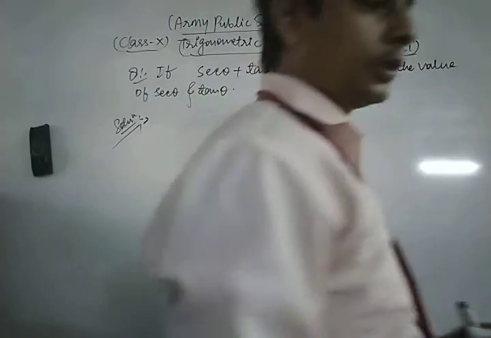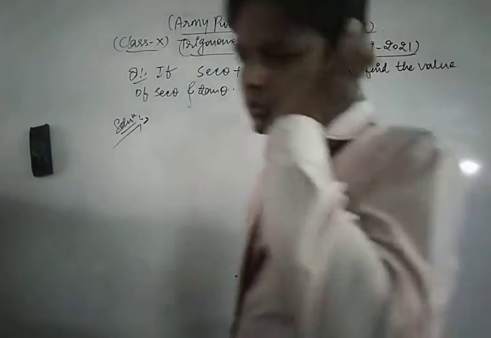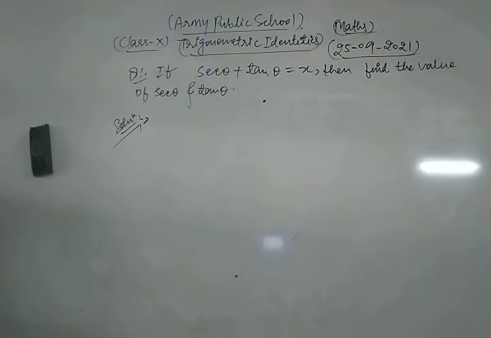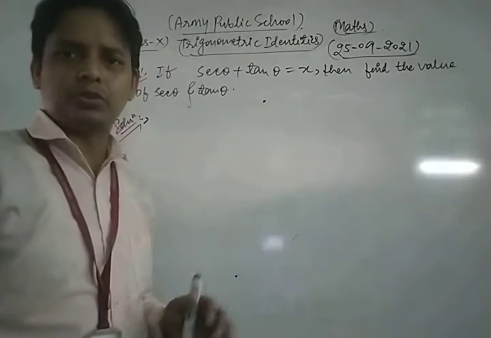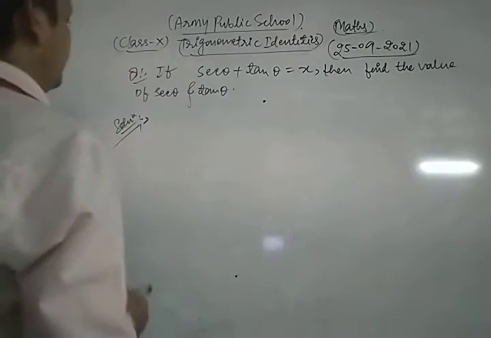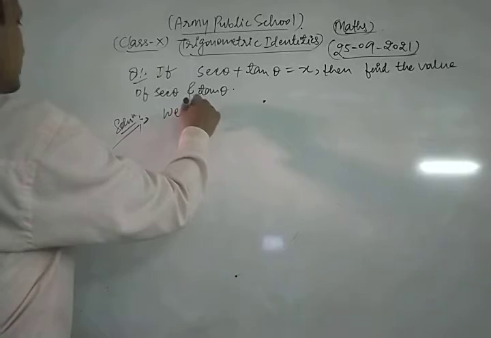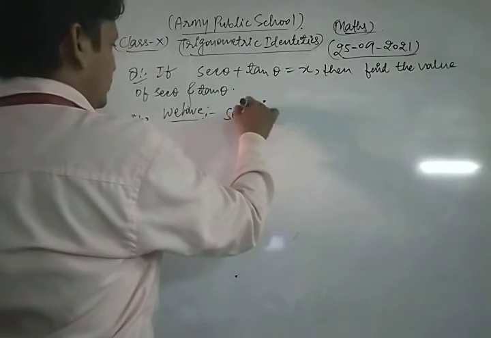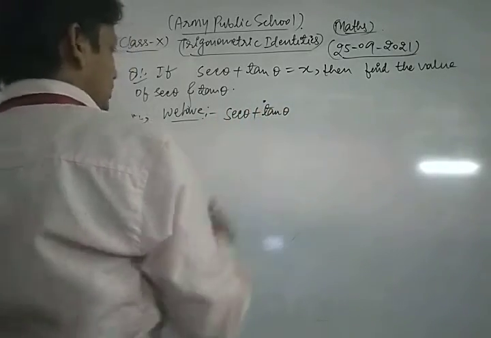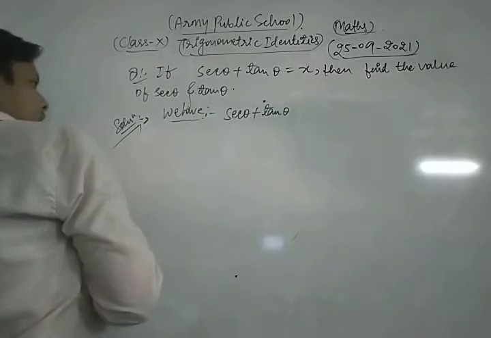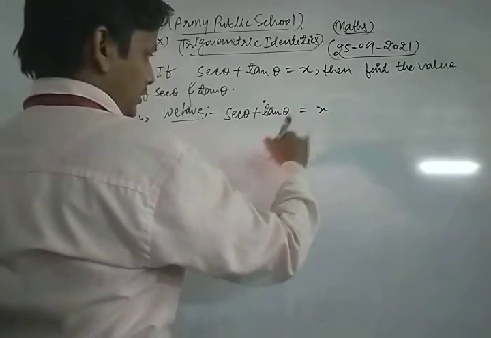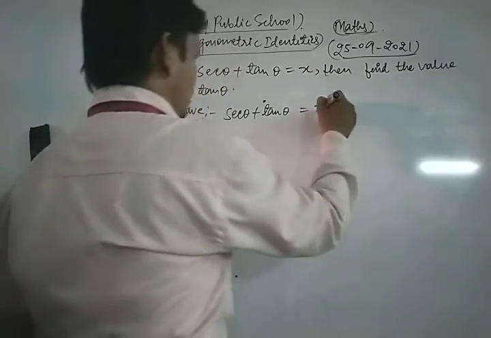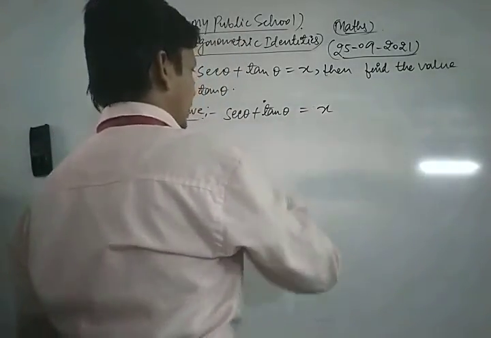This is one of the most important questions of your syllabus. Okay, so please, dear students, let's see that this is a very important question. So first of all we have sec θ + tan θ is equal to x.